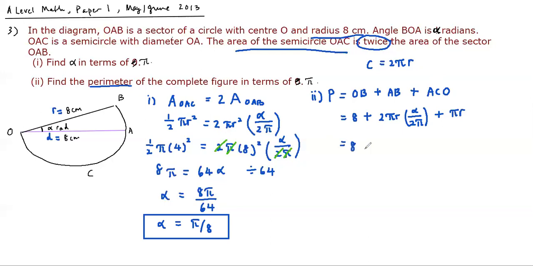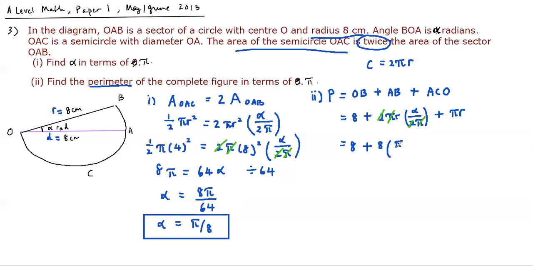So for the perimeter you have 8 plus, and then over here, you can cancel off the 2 and the pi. So you have r and alpha here. So r here is given by 8. Since the radius is 8, you have 8, and alpha is pi over 8 from the first part.